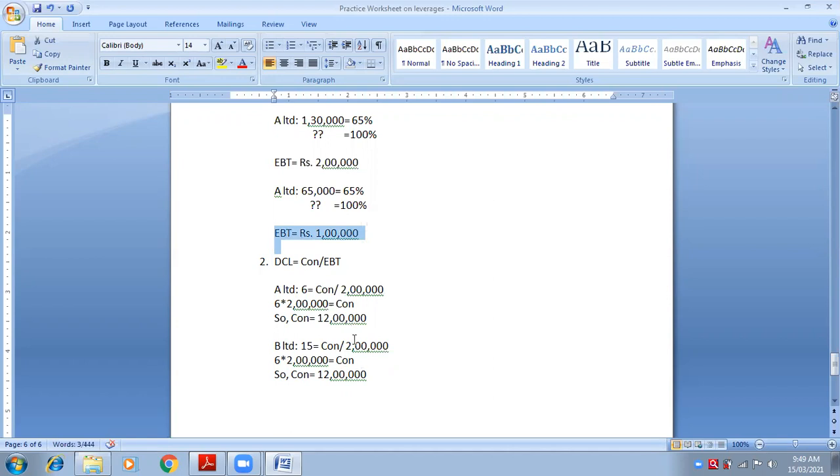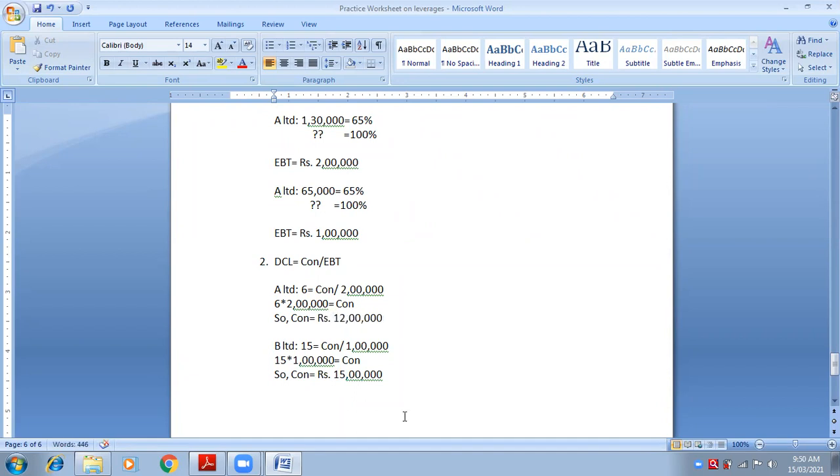Yes, very good. EBT is already calculated in the working note. So EBT is 1 lakh and DCL is 15. After cross multiplication, it will be 15 into 1 lakh is equal to contribution. Therefore, contribution is how much? 15 lakhs. But you need to write rupees 15 lakhs, rupees 12 lakhs.